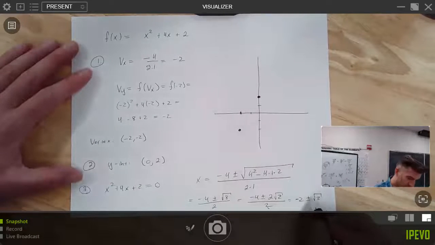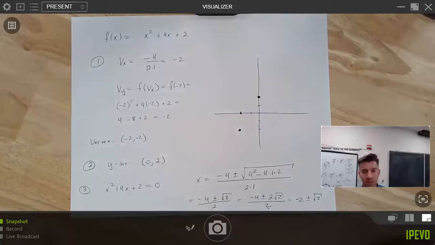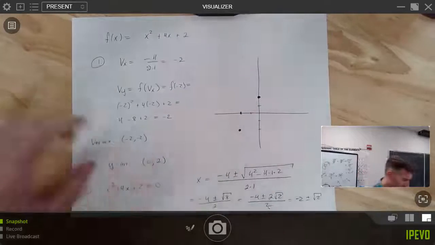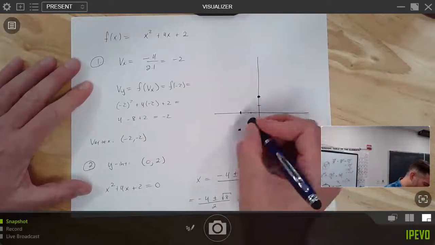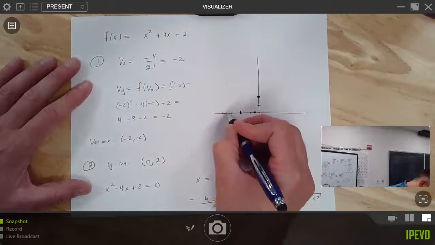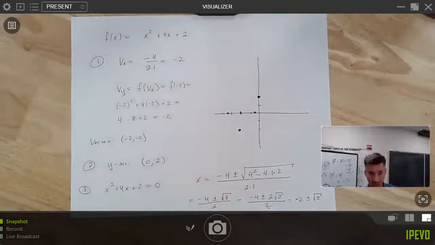Now, negative 2 plus root 2, I don't really care exactly what that is. I know that root 2 is somewhere between 1 and 2. It's about 1.4. So I'm going to start here and go about 1.4 to the right and about 1.4 to the left. Or really, as I would say, 1 and a little bit more.